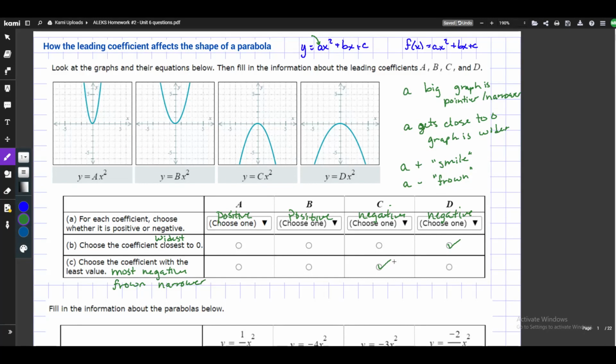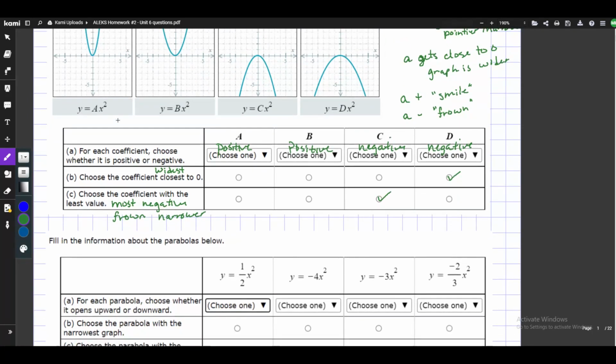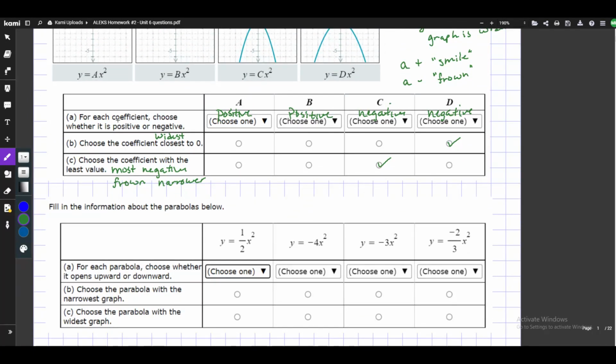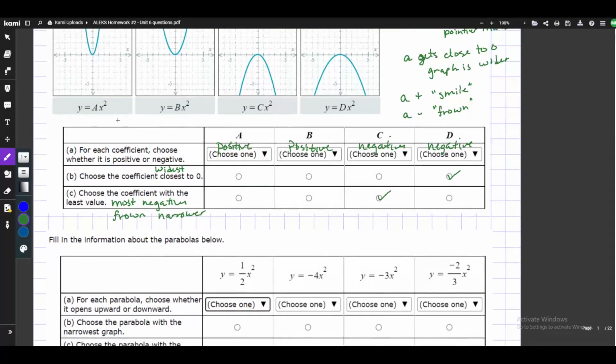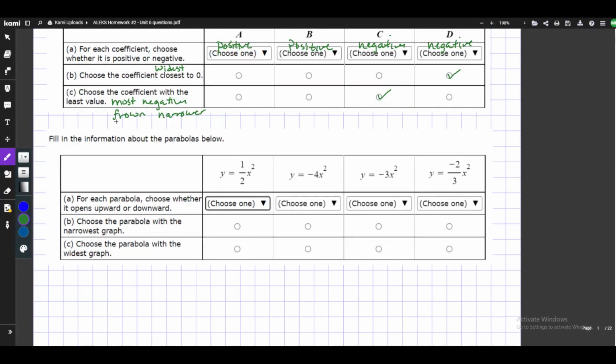Now, with the questions, you could have all of them be the same graph, but not always. So we're just identifying the stuff. Like I said, it's the same information. Sometimes they'll give us the graph. Sometimes they'll give us the equation and tell us to tell what the graph is going to look like. So the same rules apply.